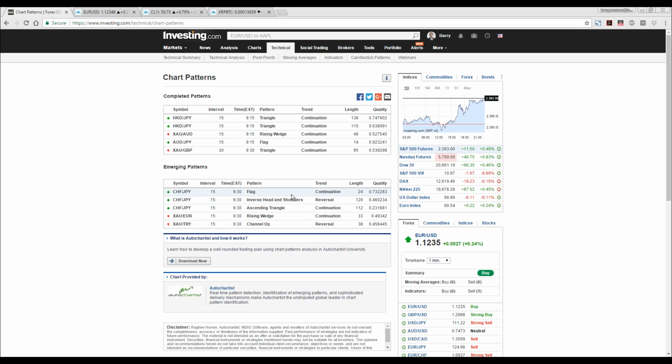This was moving off of an uptrend. We can also see that we had the Swissy form an inverse head and shoulders earlier today, over a 120 time frame, and it's now broken into a reversal, and it's advising you also to trade upward because it was a reverse head and shoulders.